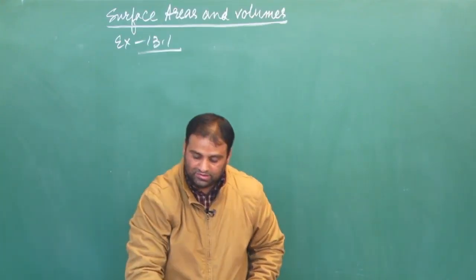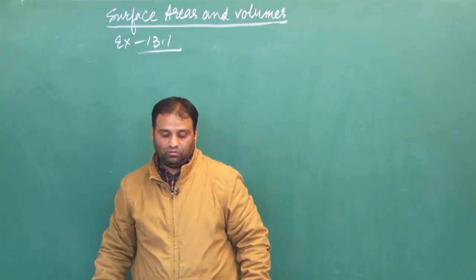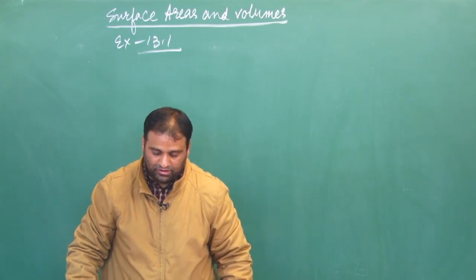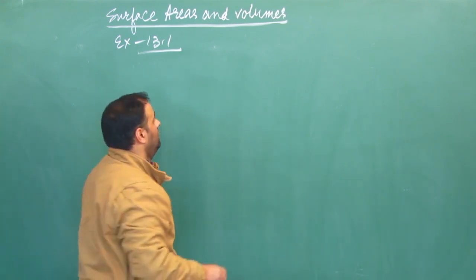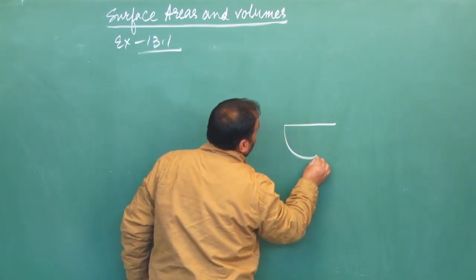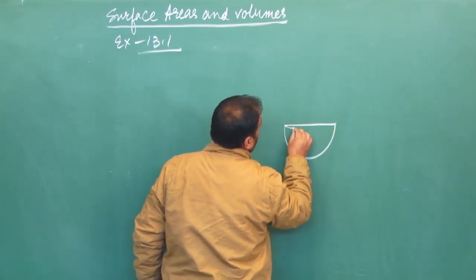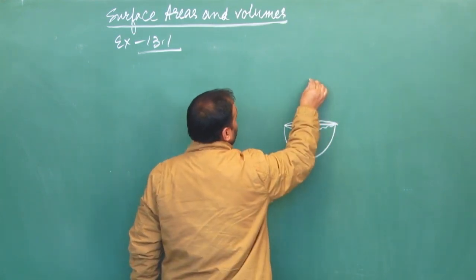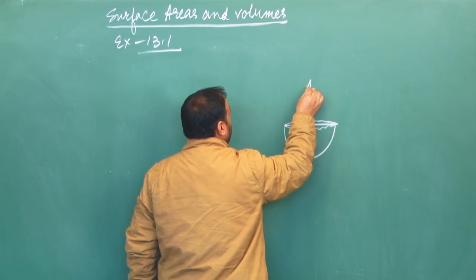A toy is in the form of a cone of radius 3.5 centimeter mounted on a hemisphere of the same radius. Now, how can this figure be formed? A conical part is mounted on a hemisphere. So, let us draw a hemisphere, and then we can mount a conical part on that.